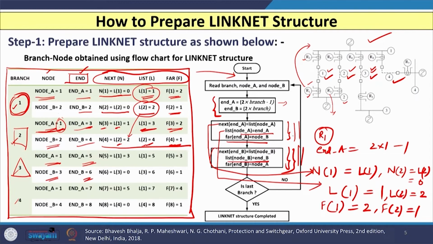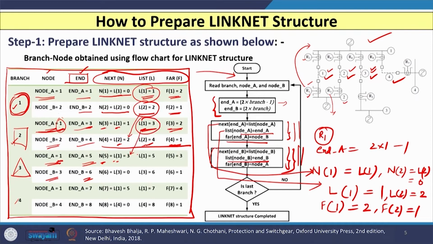Similarly, when you use these 2 blocks, next, that is your N and A is 5. So, N5 is equal to list L, node A, that is nothing but the value for branch 3. So, L1, and the L1 value we have already calculated, that is equal to 3.